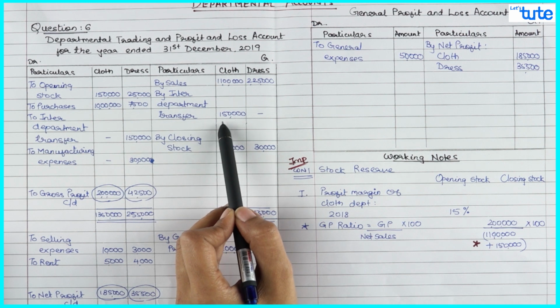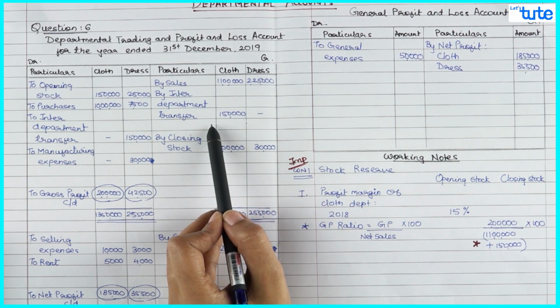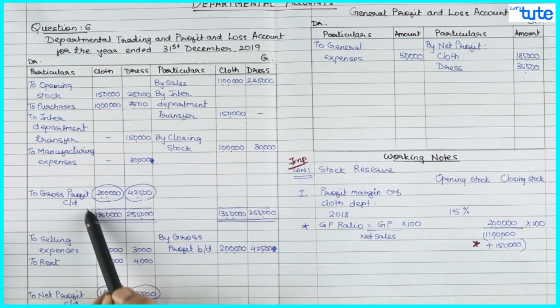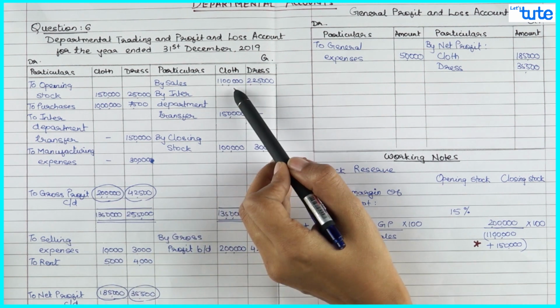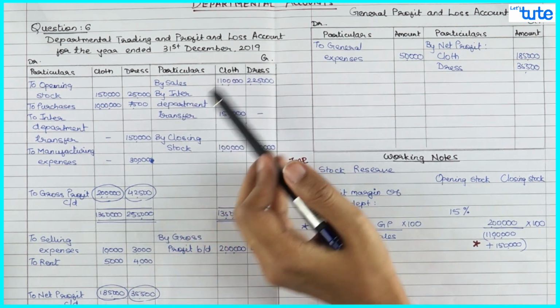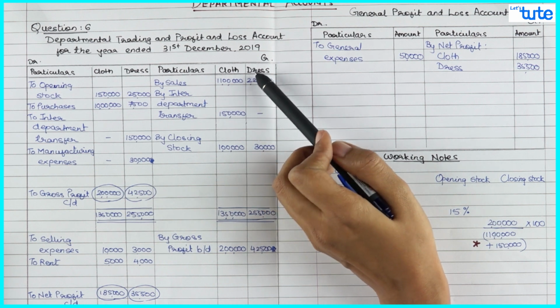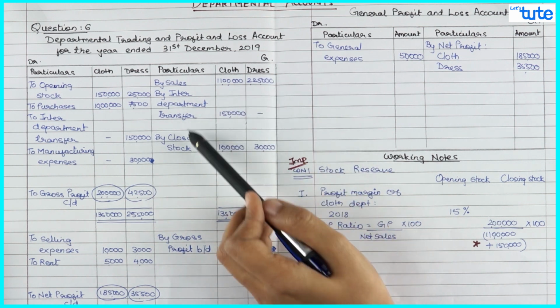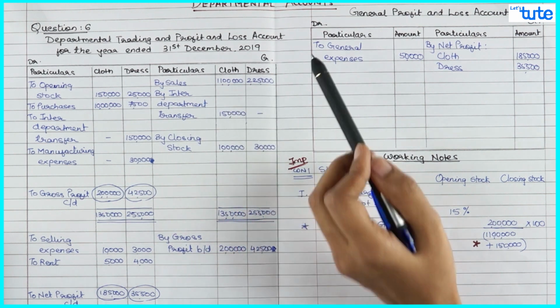Now this interdepartment transfer is also made at selling price. So this profit which is earned by cloth department is not only on this 11 lakhs, it is earned on this total sales, that is to the outsiders and transferred to other departments also at selling price.